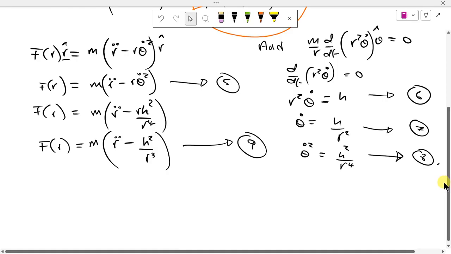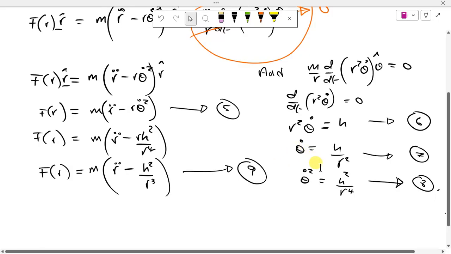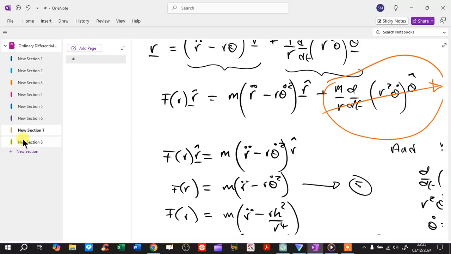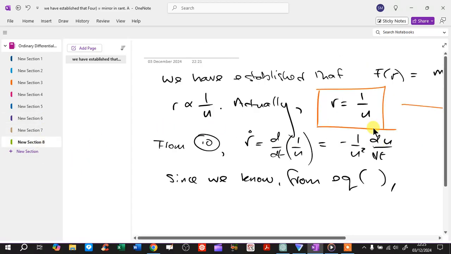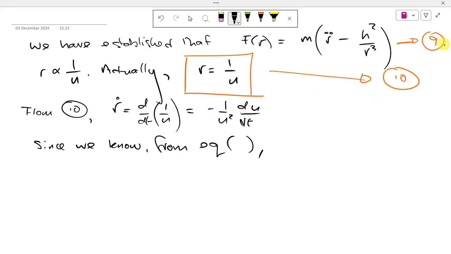Okay. So in equation 6, we've got r squared theta dot equals h, right? So from equation 6, we have r squared theta dot equal to h. Is that actually what I found? r squared theta dot is equal to h.